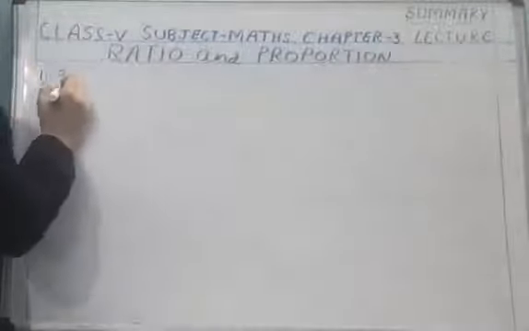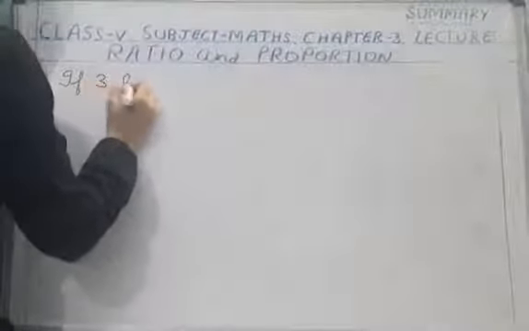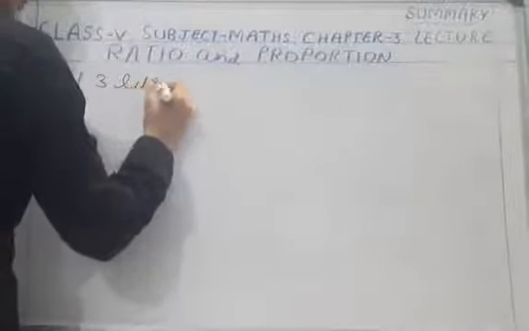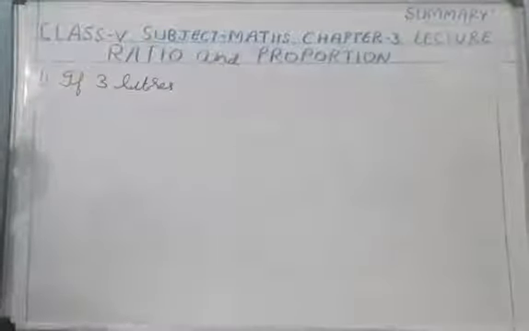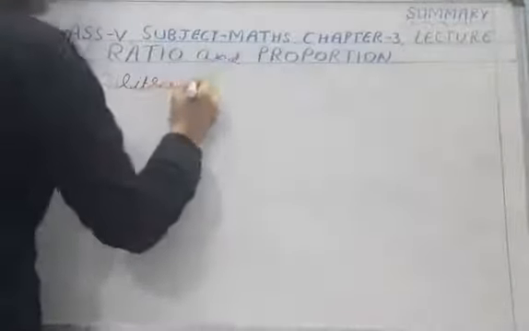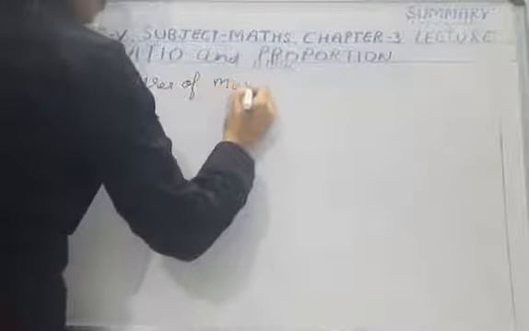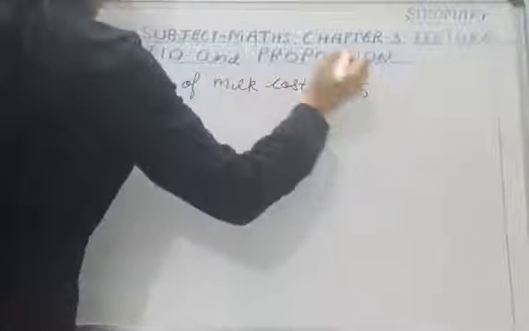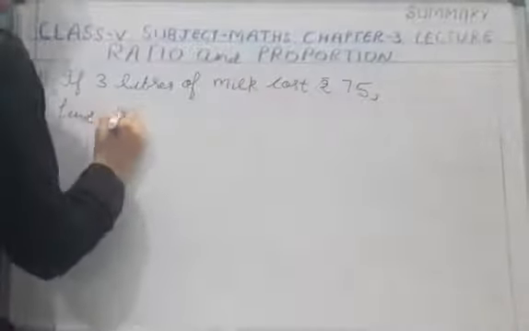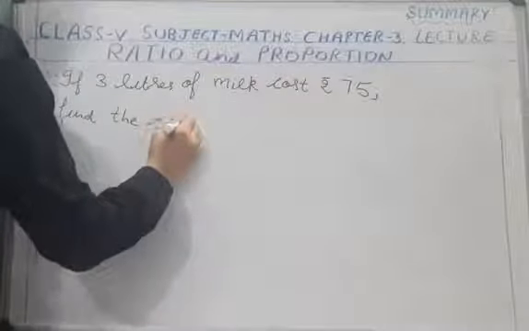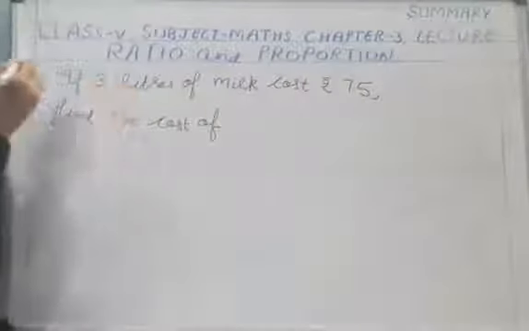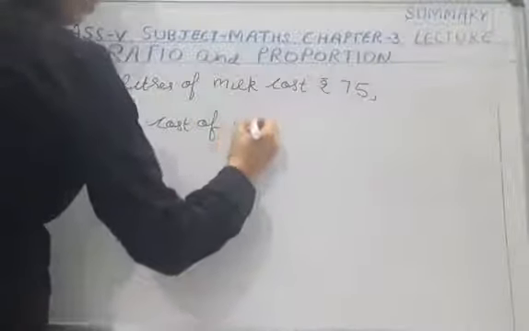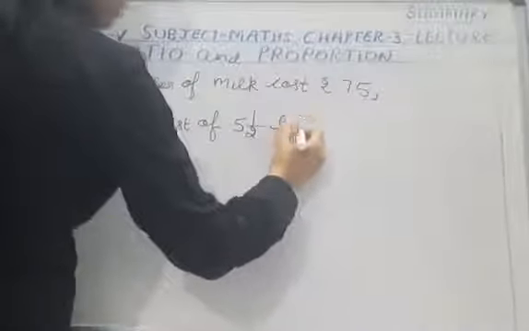If 3 liters of milk cost rupees 75, find the cost of 5 1/2, 5 whole 1/2 liters of milk.